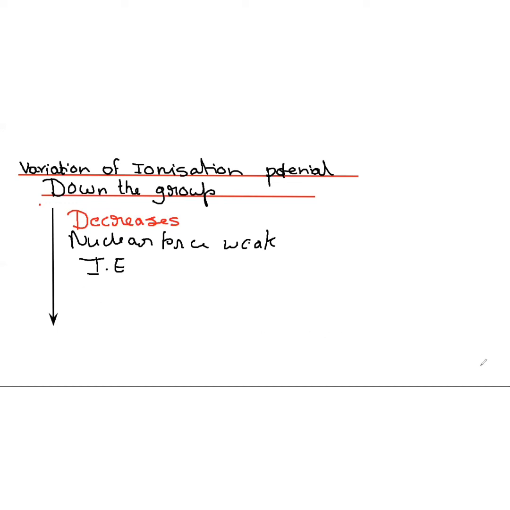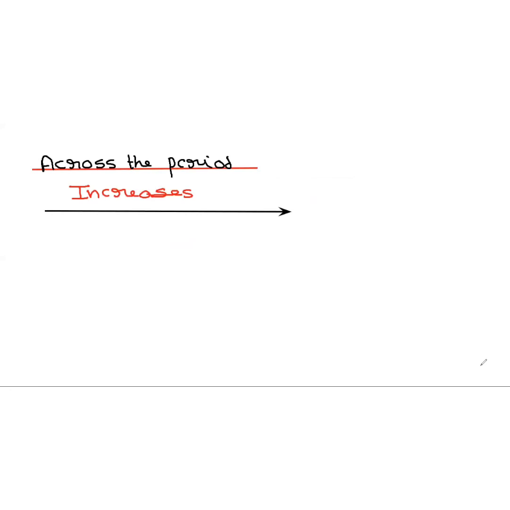Then the next property is across the period. How is this ionization potential going to vary across the period? As we know, the nuclear force is going to increase when we move left to right of the periodic table.